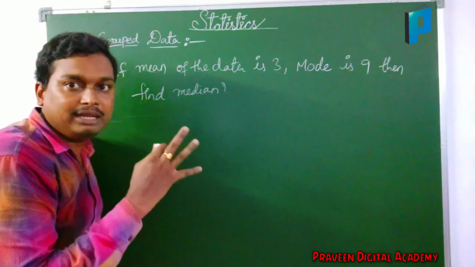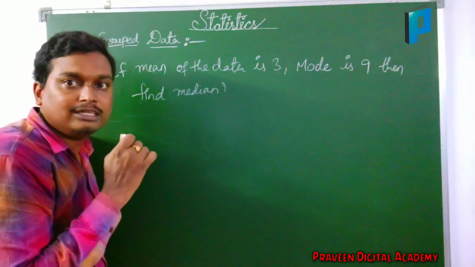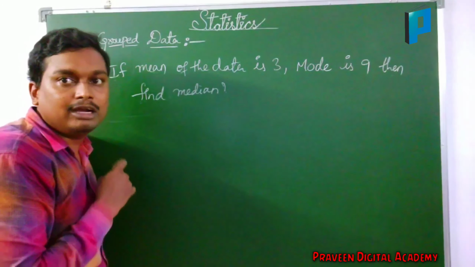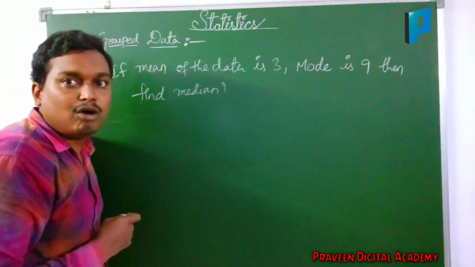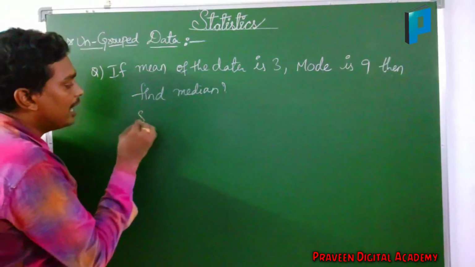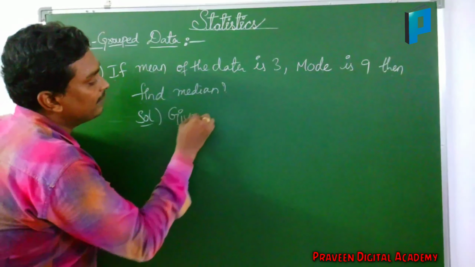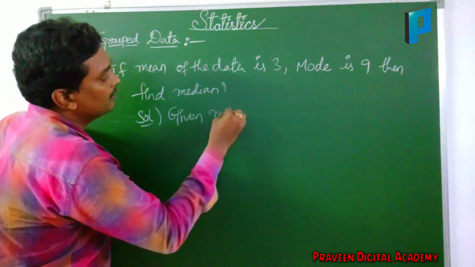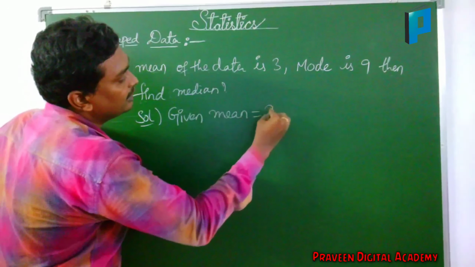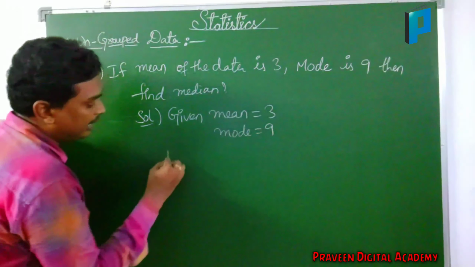Whenever we know 2 things in this 3, to find out the third one, we will use a formula, the relation between mean, median and mode. Given mean is equal to 3, mode is equal to 9.